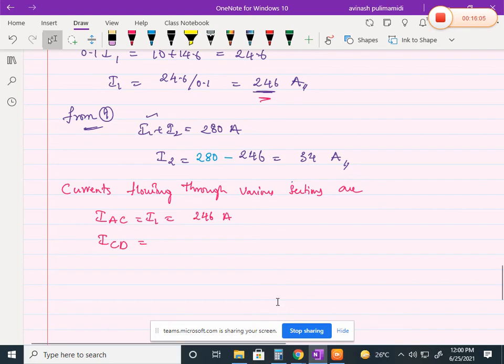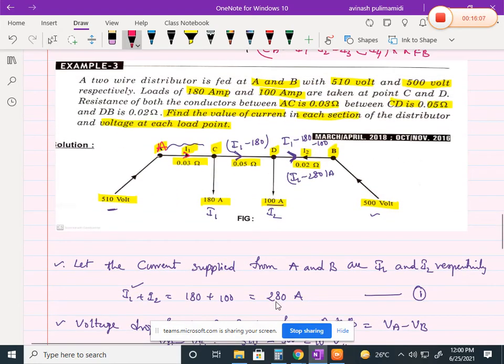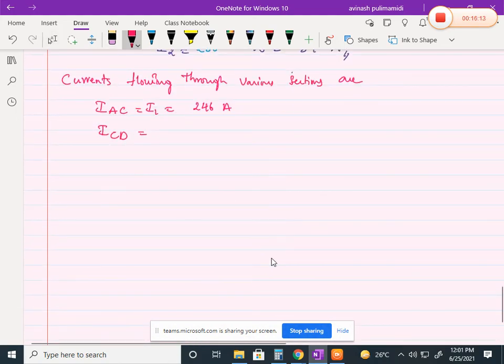Similarly, the current flowing through section CD. Section CD is I1 minus 180.